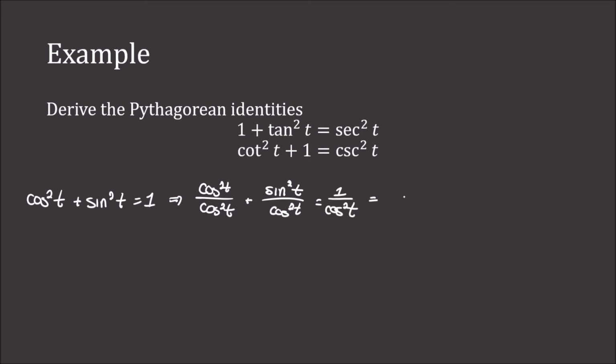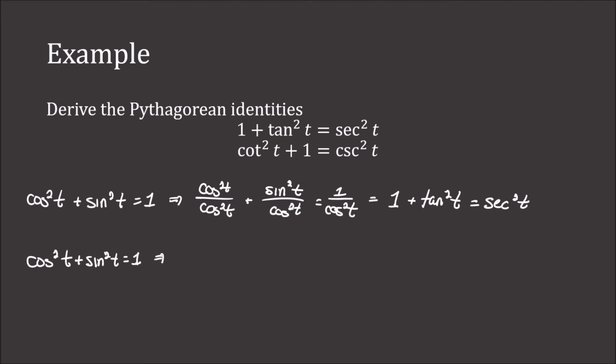So cosine over cosine is 1. Sine over cosine is tangent. And 1 over cosine is secant. For the other one, we again start with cosine squared plus sine squared is equal to 1.